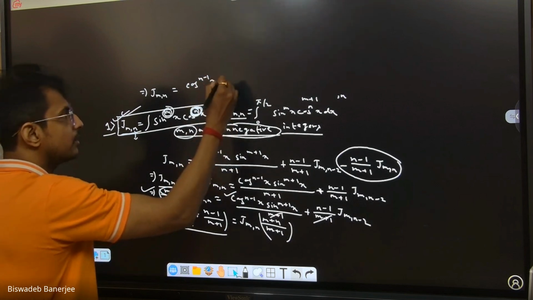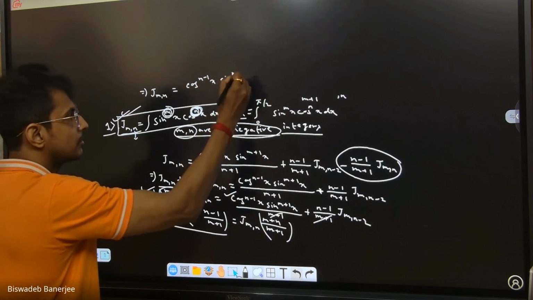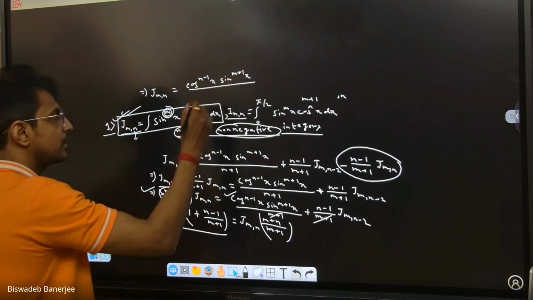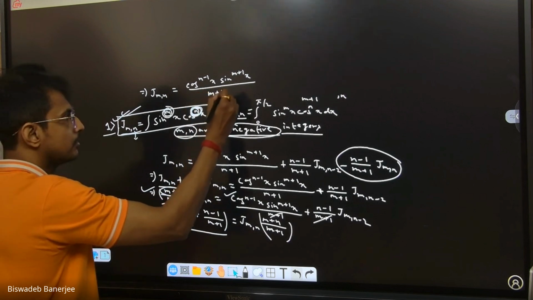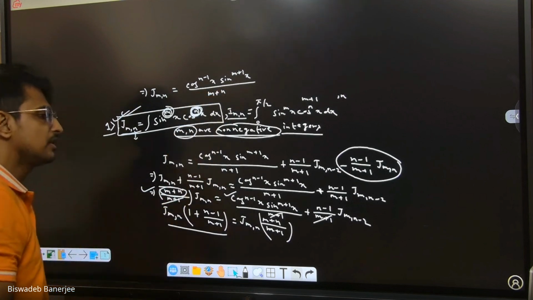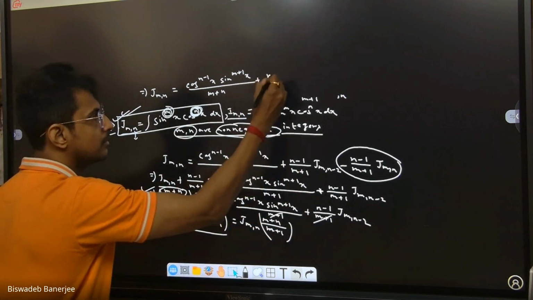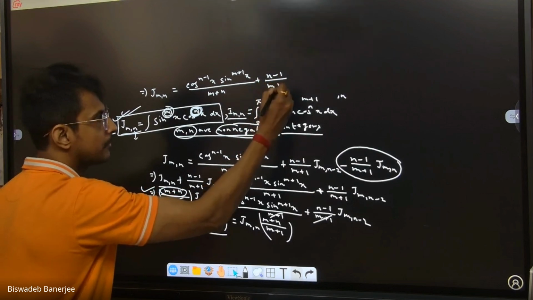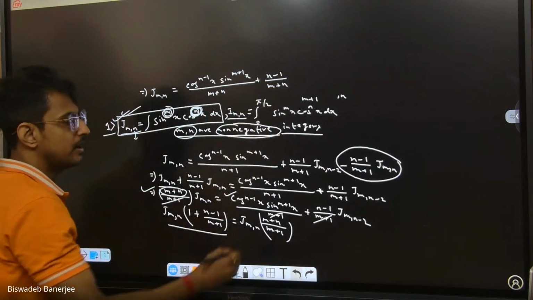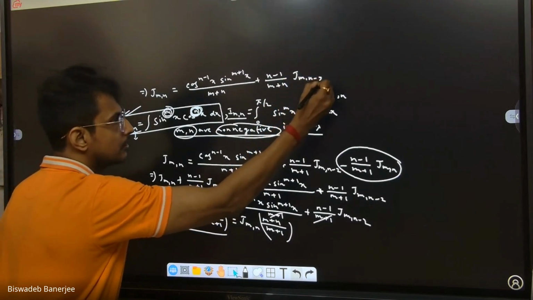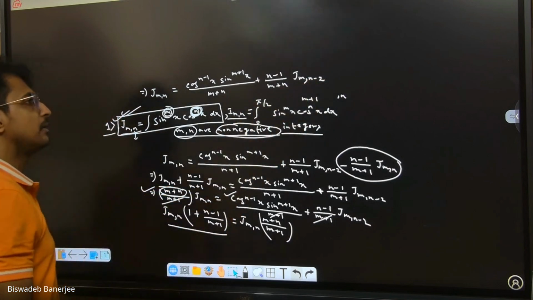So if we divide with m plus n, my Jmn becomes cos to the power (n minus 1)x sine to the power (m plus 1)x by (m plus n). And if we divide by m plus n here, this will be (n minus 1) by (m plus n) J(m, n minus 2).